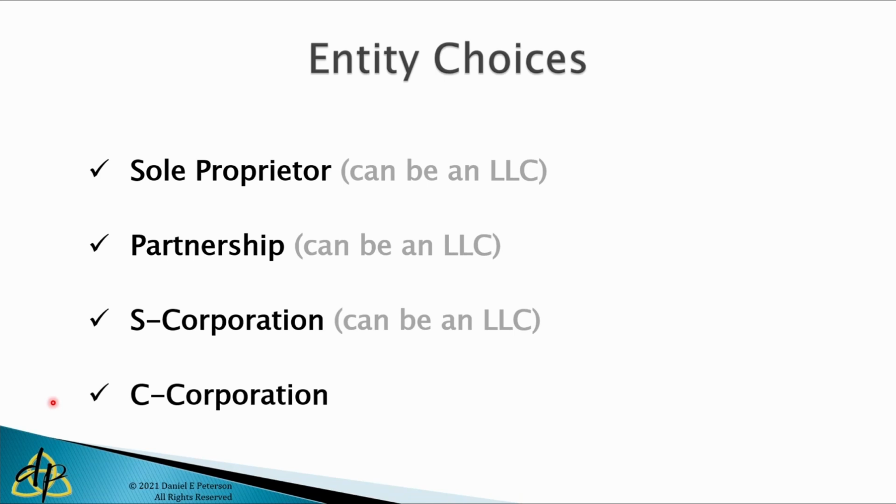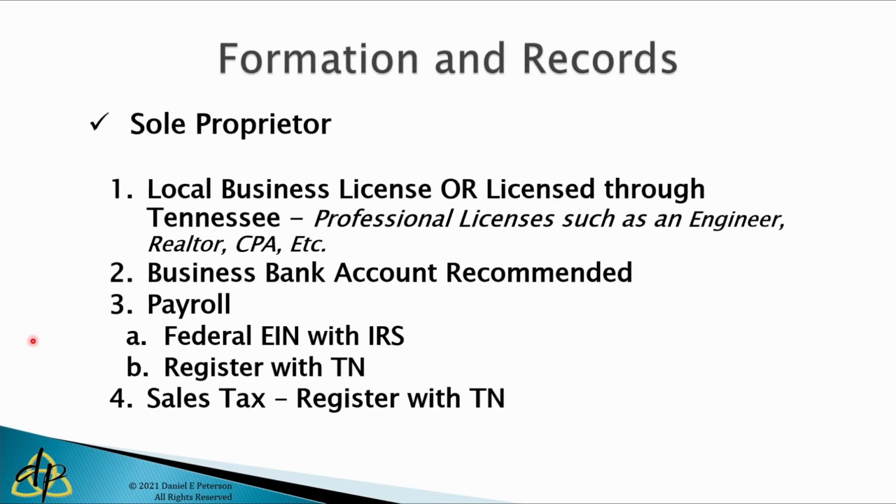The easiest entity to set up is a sole proprietorship. We move into more complicated structures like the partnership, the LLC, and then more complicated, the corporations, whether it be a corporation that's elected to be treated as an S corporation or a C corporation. So how do we start a sole proprietor?